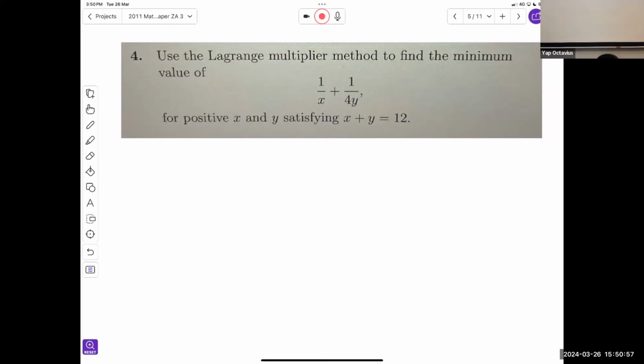Set up the Lagrangian, the Lagrange multiplier. Post one more paper inside so that those people all done actually can do another.